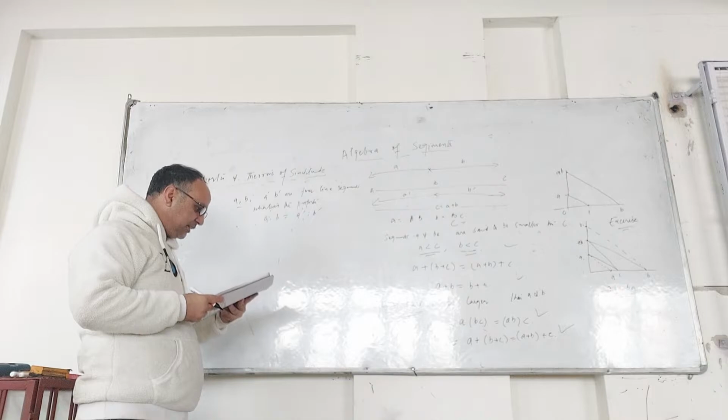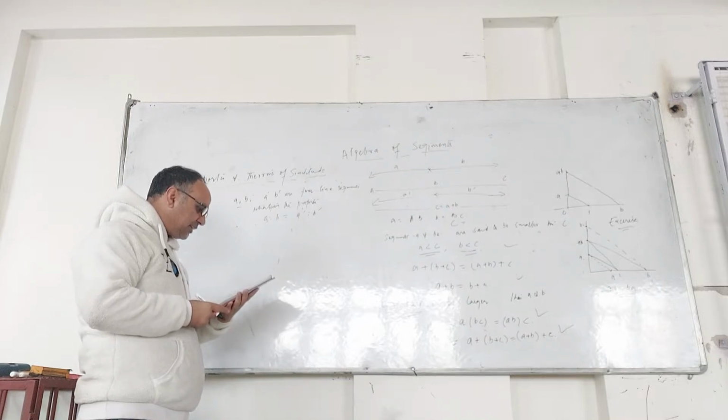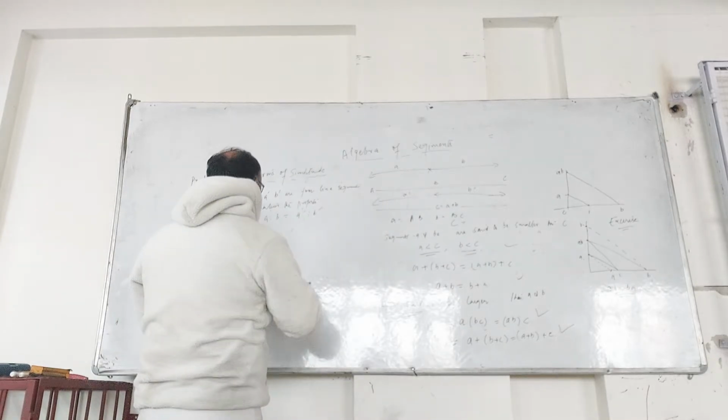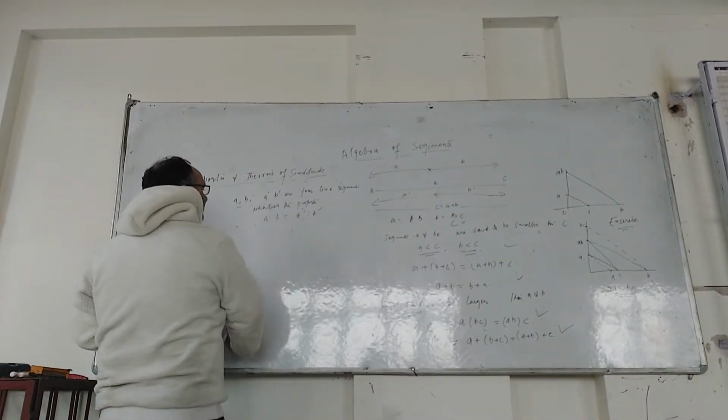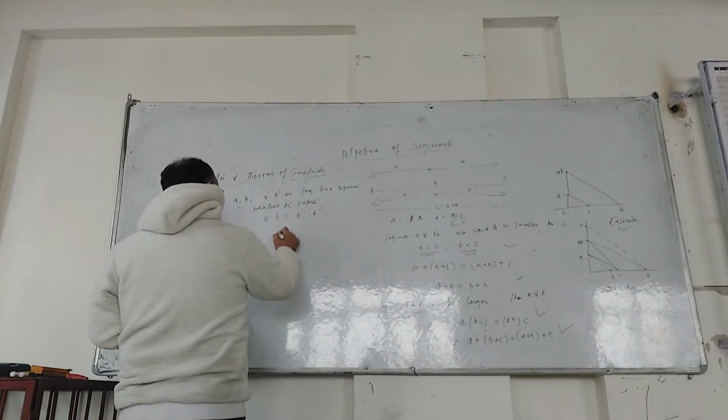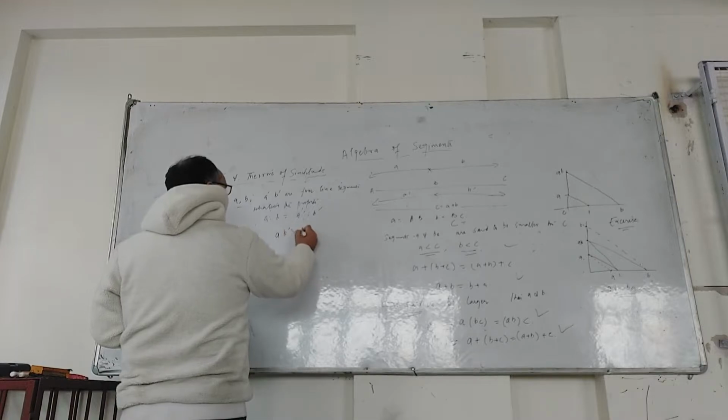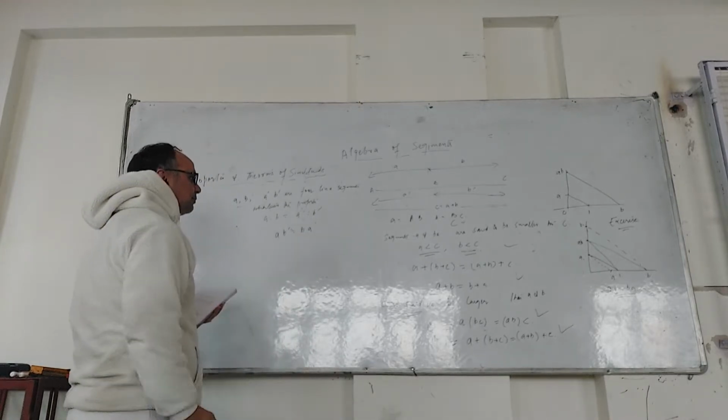It expresses nothing else than the validity, such that AB prime is going to B prime.